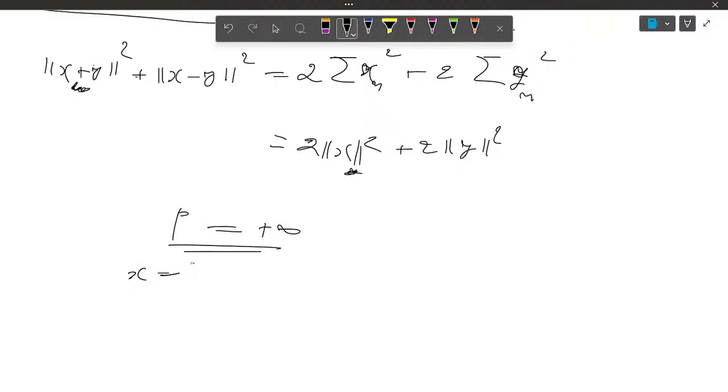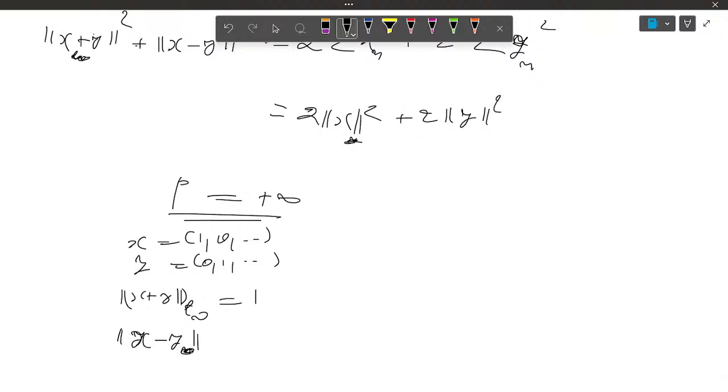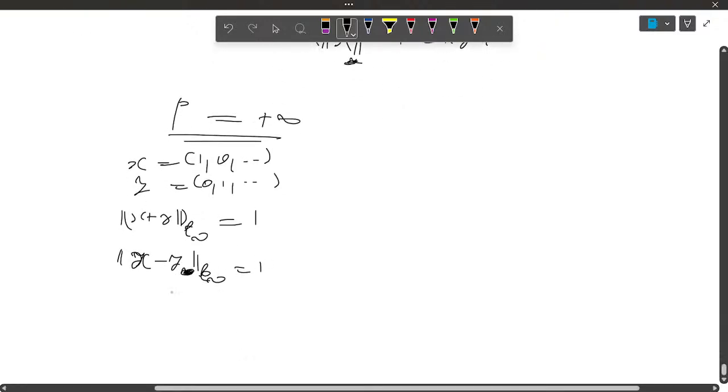If you take x equal to 1, 0 and everywhere 0, and y equal to 0, 1 and everywhere 0, then x plus y in the infinity norm is going to give 1, and x minus y in the infinity norm is also going to be equal to 1. When you add them, you get 2.